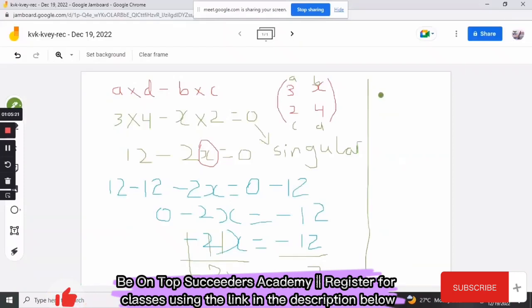And negative 12 divided by negative 2 would give us, I wrote it on the top right hand corner, negative 12 divided by negative 2. A negative divided by a negative is a positive, and 2 into 2 is 1, 2 into 12 is 6. So the value for x is going to be the number 6.